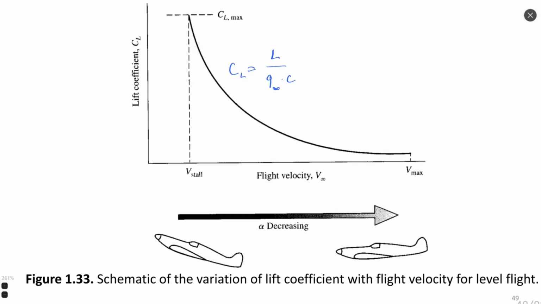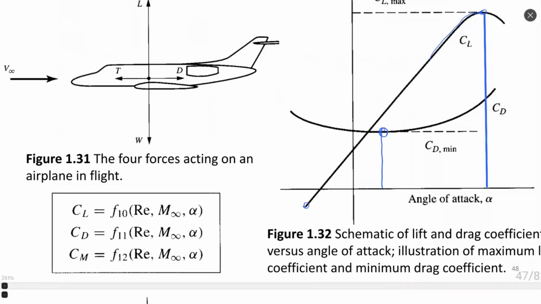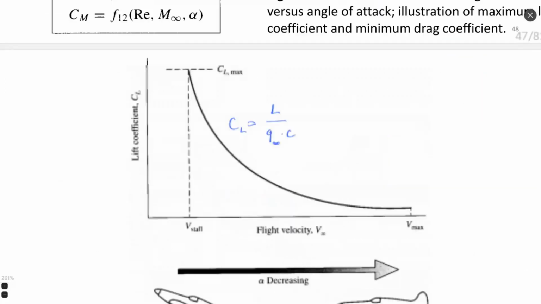This lift coefficient is not just a function of lift force, but can be represented as a function of angle of attack. Looking back to this figure 132, we see that the lift coefficient is changing linearly. Smaller angle of attack, smaller lift coefficient; bigger angle of attack, bigger lift coefficient.